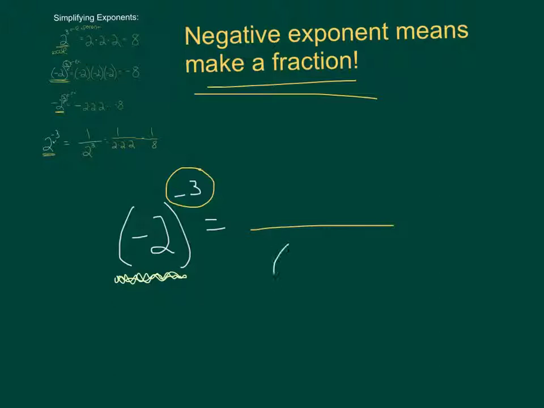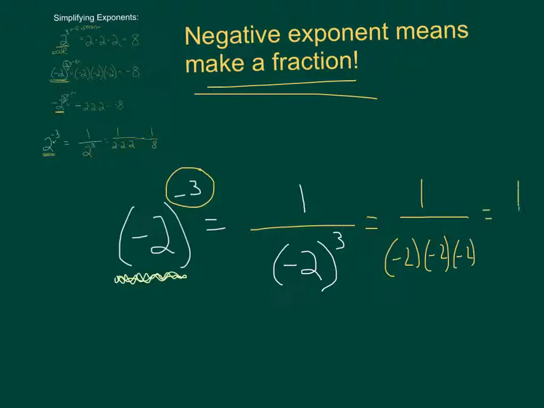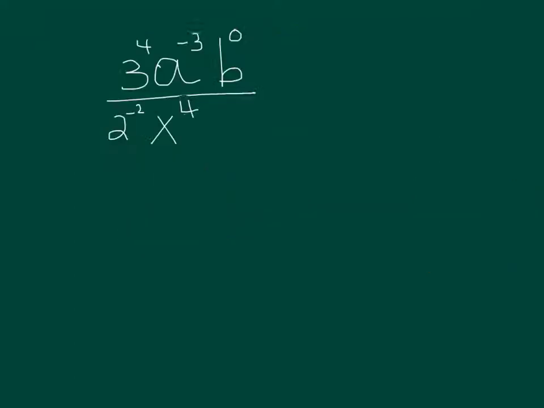So it becomes negative 2, and I'm going to keep the parentheses, to the third power. And then 1 is in the numerator. So that's the same thing as saying 1 over negative 2 times negative 2 times negative 2, which is 1 over negative 8. And then that's it.